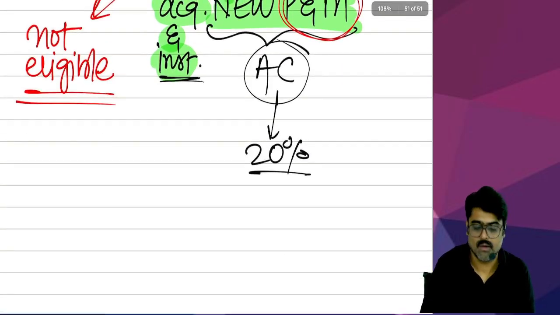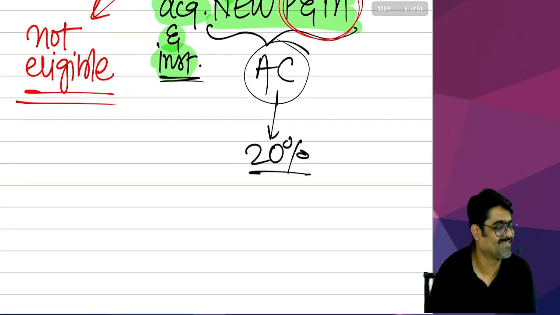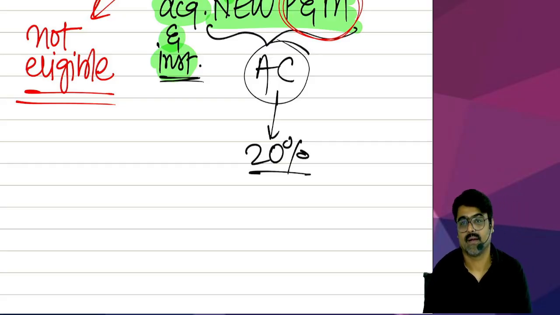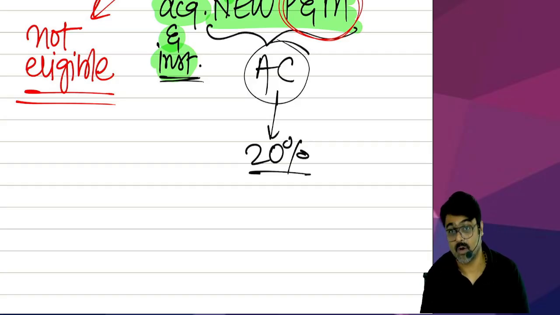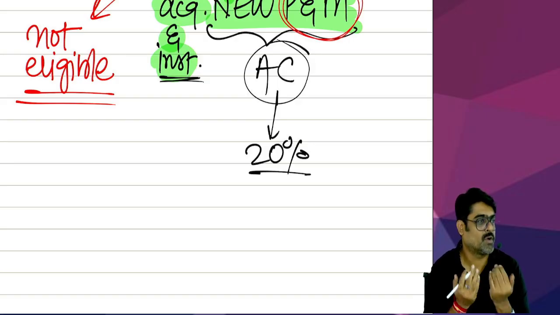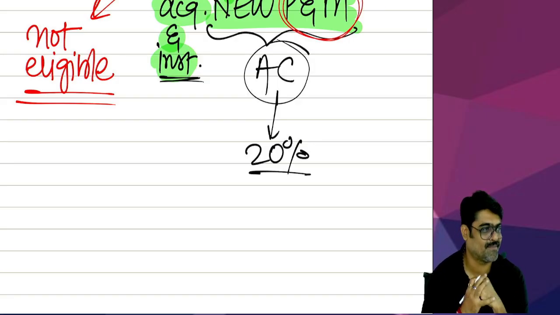Not eligible for additional depreciation. 6 plant and machineries are there. How many plant and machineries? If you see any of these plant and machinery, request you not to claim additional depreciation on that, because they are ineligible plant and machinery.